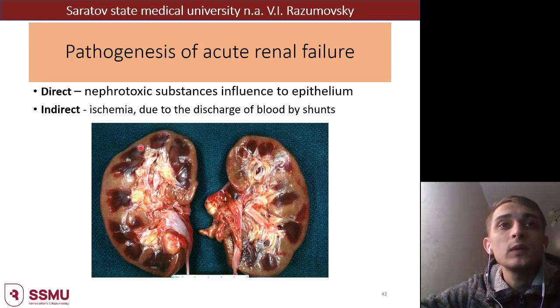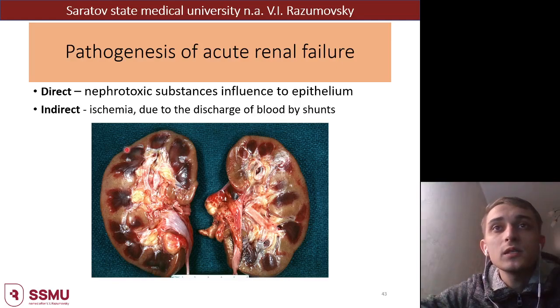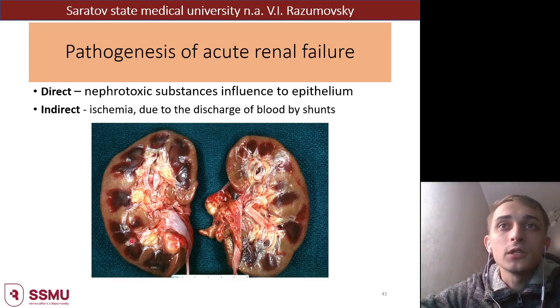And also it may be indirect forms, and the most typical cause is ischemia due to shunting of blood. And we may see the macroscopic picture typical for shocked kidney. I want to show you it again. It's dark pyramids and pale cortex.